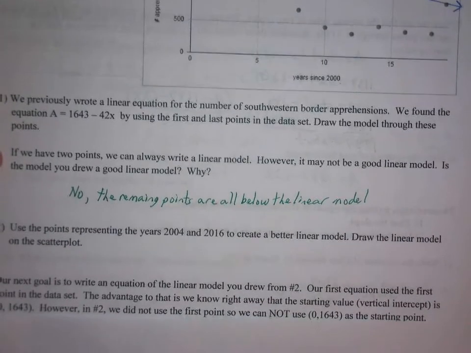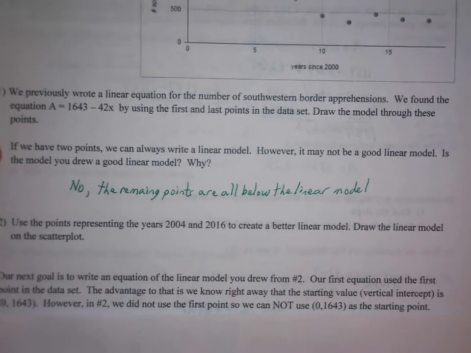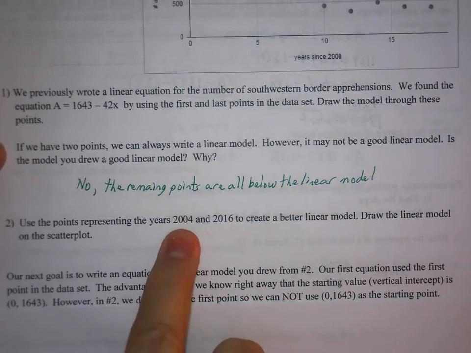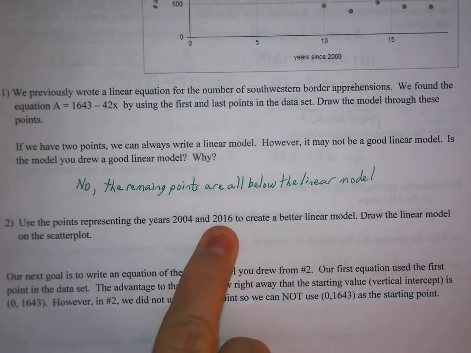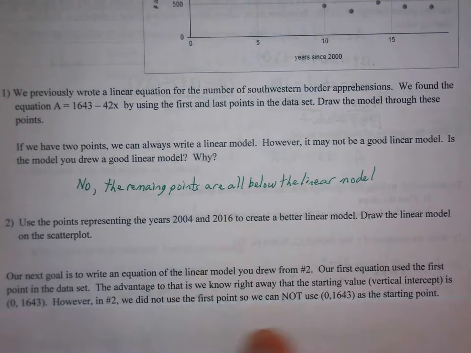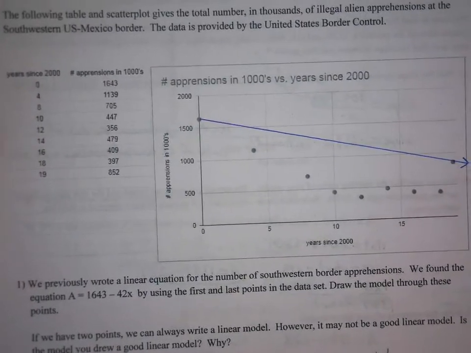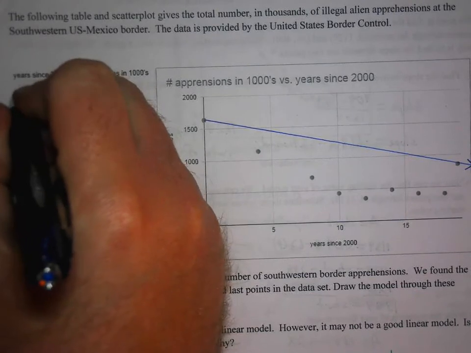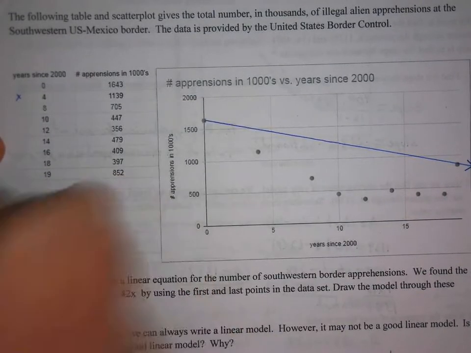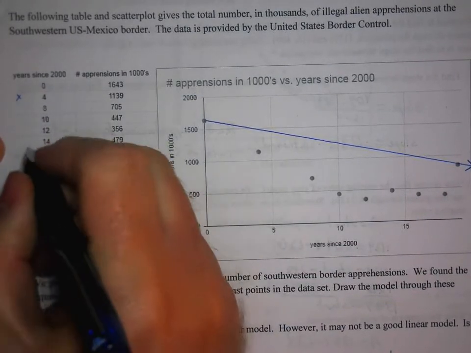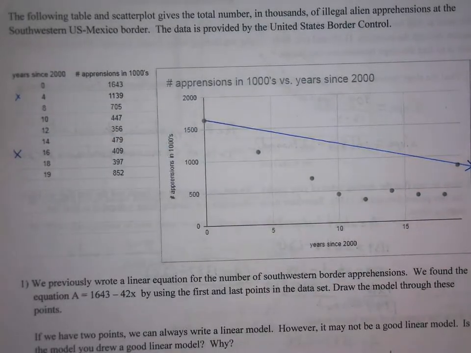Okay, and then we're going to use the points 2004 and 2016 to create a better linear model. If we look at which points they are, that's 2004, when x equals 4, and 2016, which is when x equals 16.